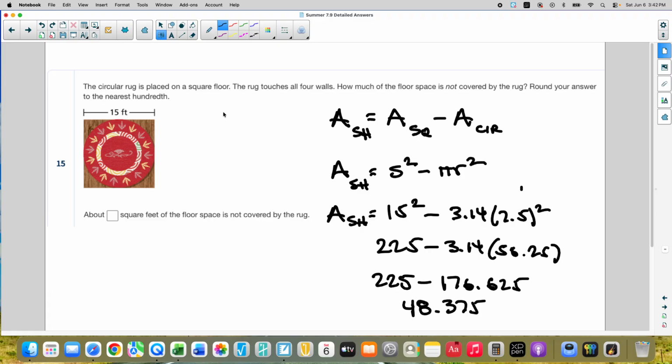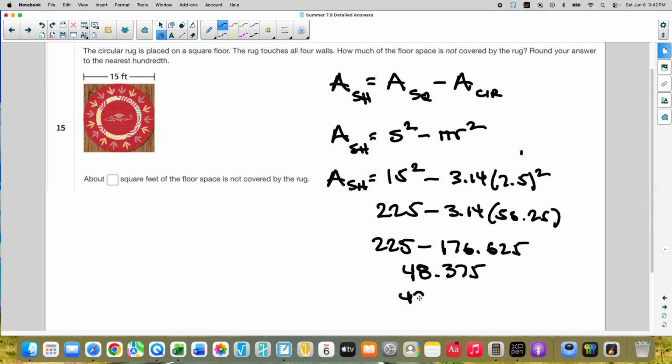And round to the nearest hundredth. We're going to round it up. 48.38 units are feet squared. That is the area of the wood not taken up by the rug. So about 48.38 square feet of the floor space is not covered by the rug.